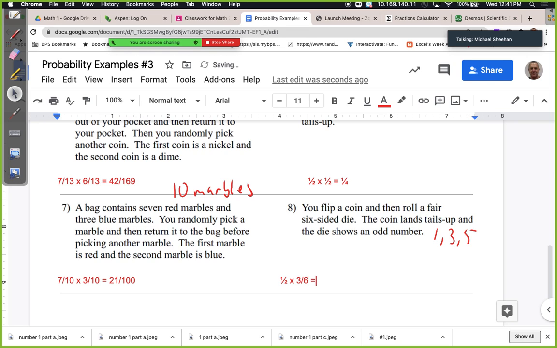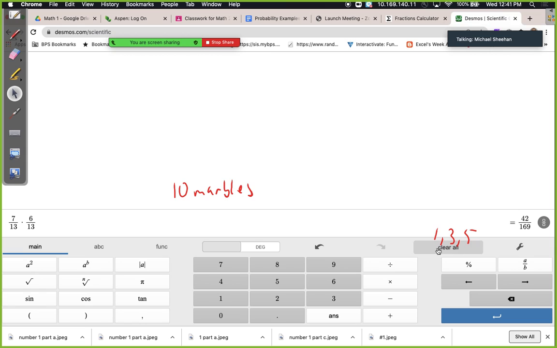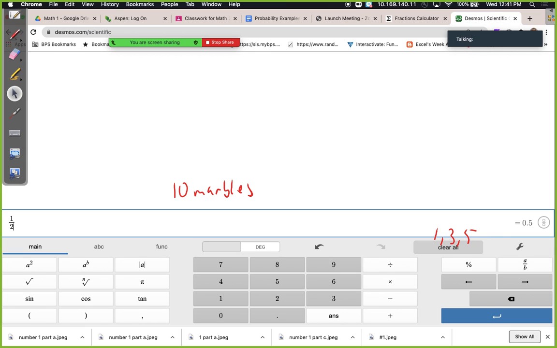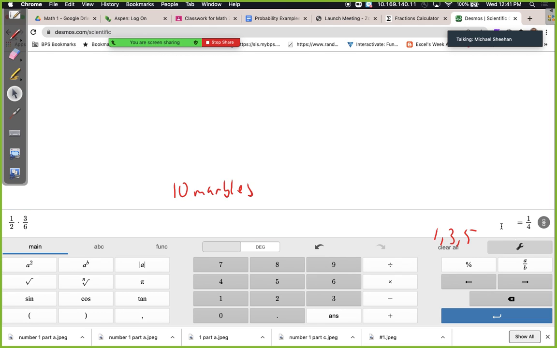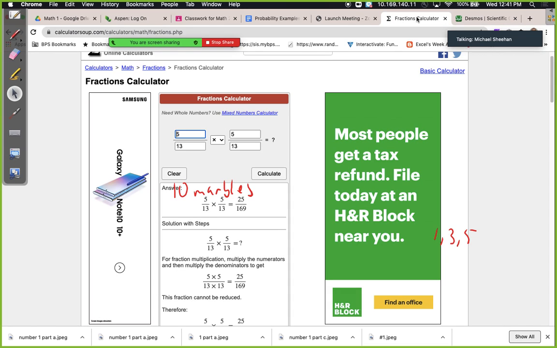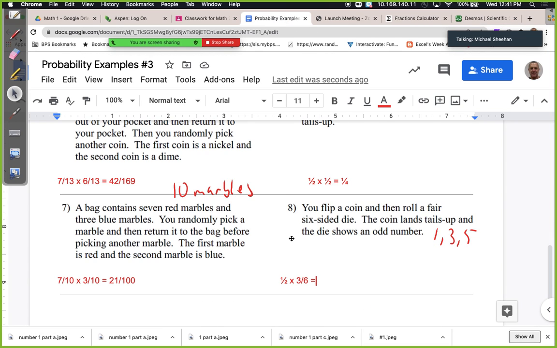And then, do it in your head or use one of the calculators, but this one's going to be 1/4. All right, 1/2 times 3/6 will give you 1/4. And if you use the other one, it'll explain to you why it's 1/4, if you're curious.